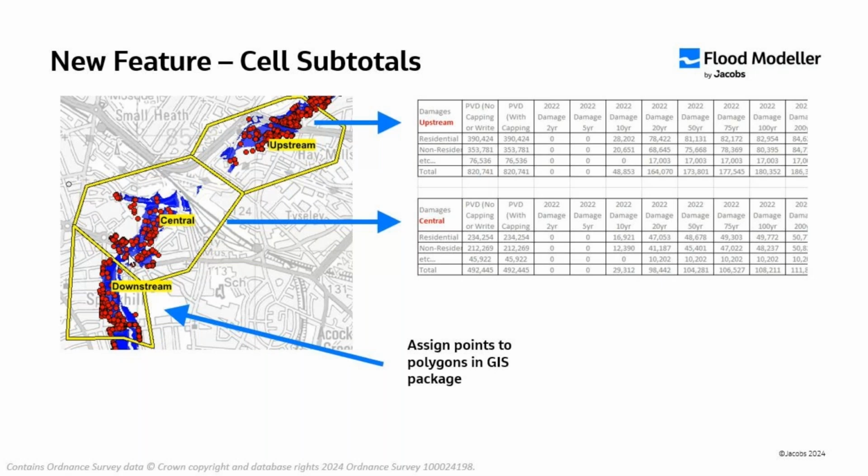So we've added a nice little function where you make a column in the property dataset with your flood cell names in it, and it produces a separate output total summary for each. You can see an example of that on the right here. It's not exactly a rocket science new feature in terms of complexity, but it's definitely one of those nice little things that can make your life a lot easier.